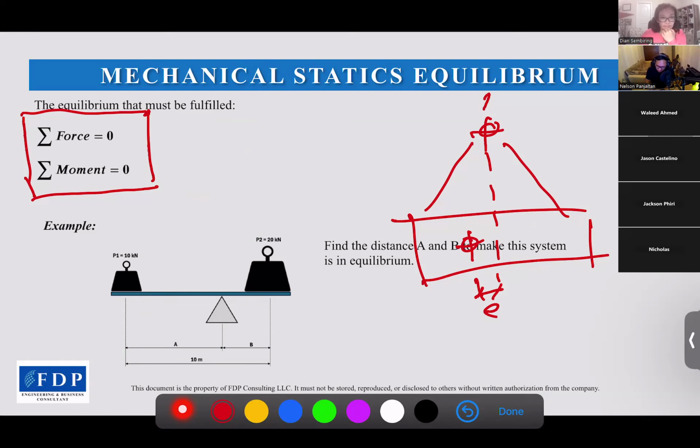How will it respond in the system? This COG will be shifted to make it in line with the hook. So it will be moved to here. But in order to move the COG to become in line with the hook, this structure should be moved to here.